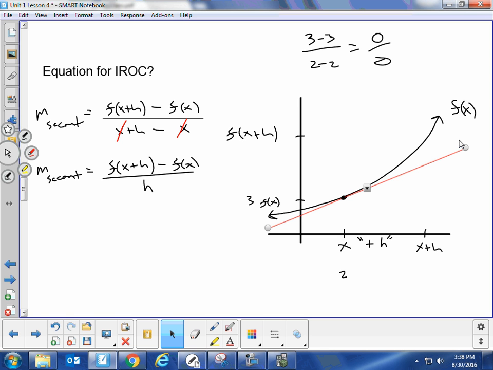Now, what happened in my formula to go from 2 points here to 2 points infinitely close together? What changed?